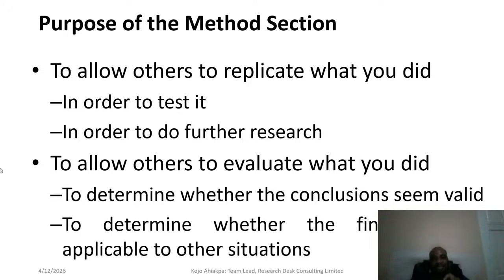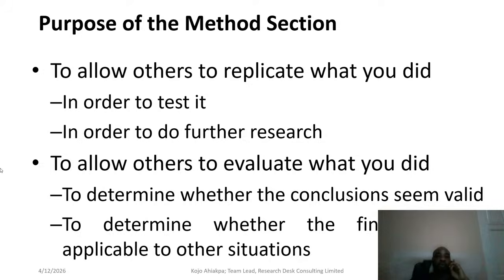Now, what is the purpose of the method section? One is to allow others in the research community in your area, or who have interest in your theme, to replicate your result. When I say replicate, I mean repeat: can they follow your method, conduct a similar research in their geography, and arrive at the same or similar results?